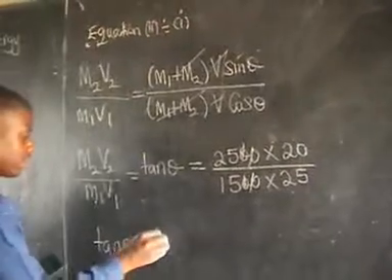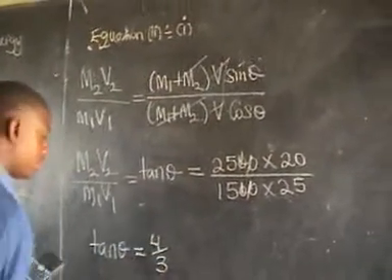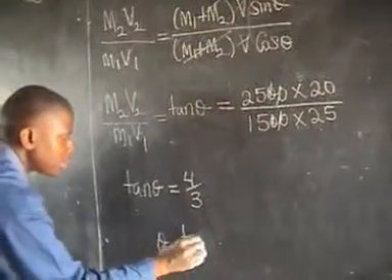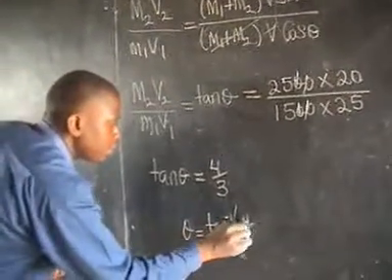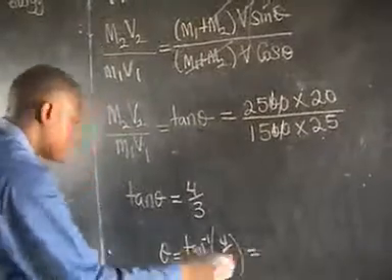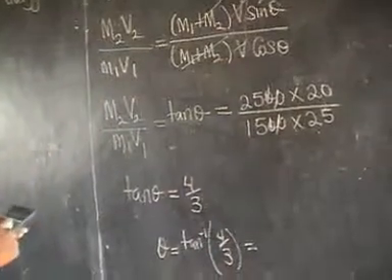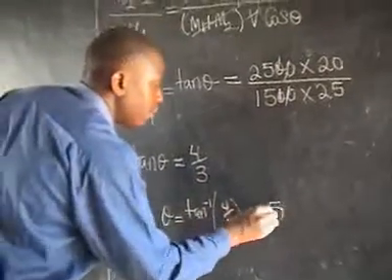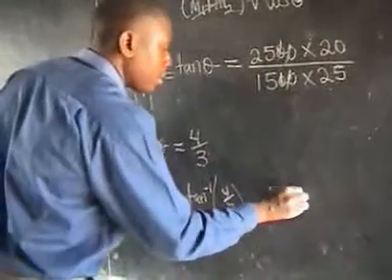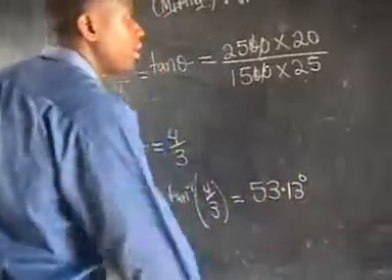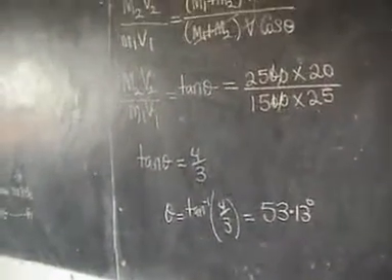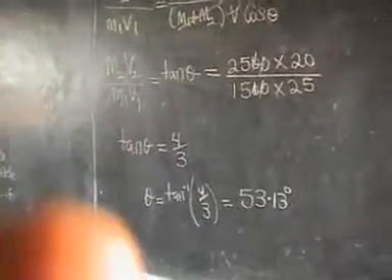So this gives 4 out of 3. So theta equals tan inverse 4 divided by 3. So this gives 53.13 degrees.